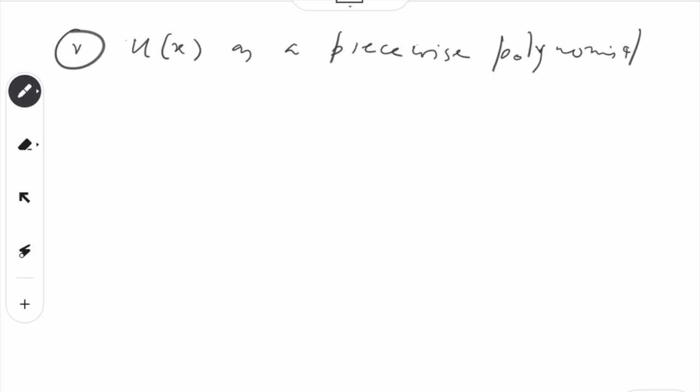So piecewise polynomial is a characteristic of the finite element method.